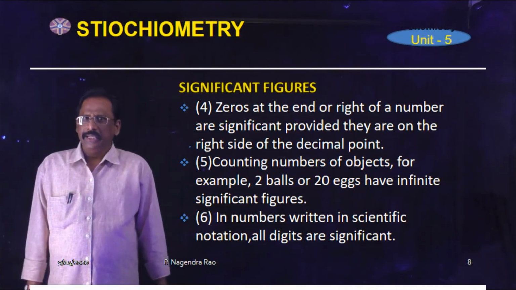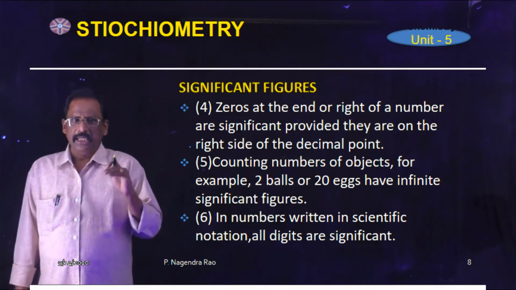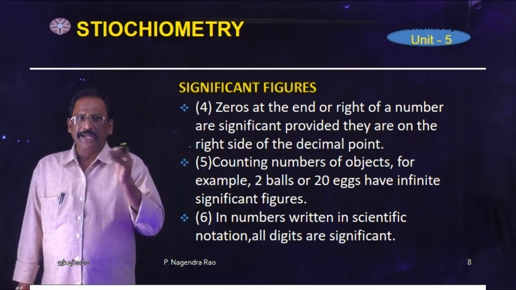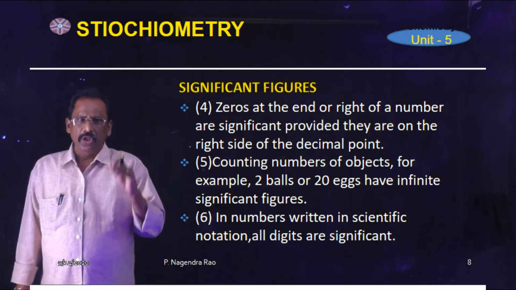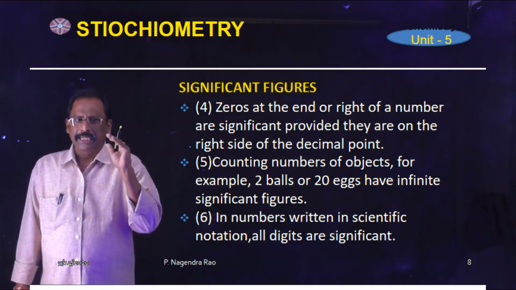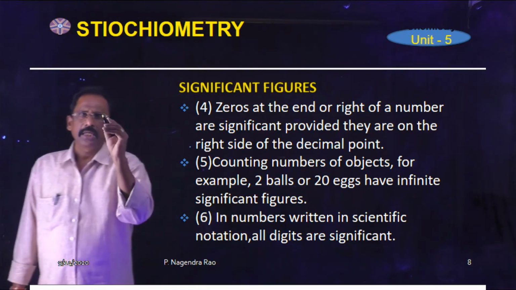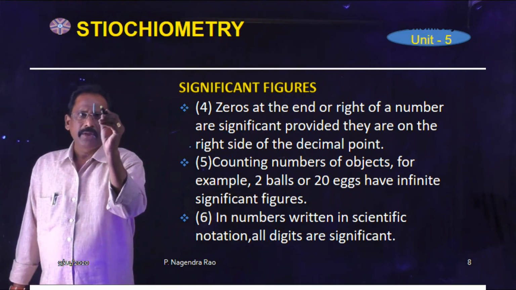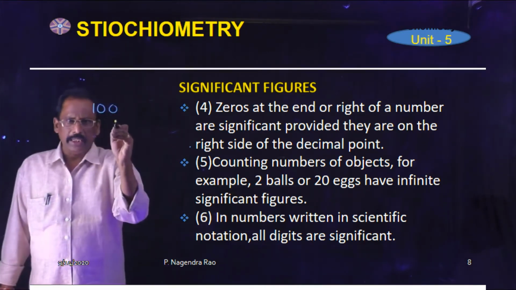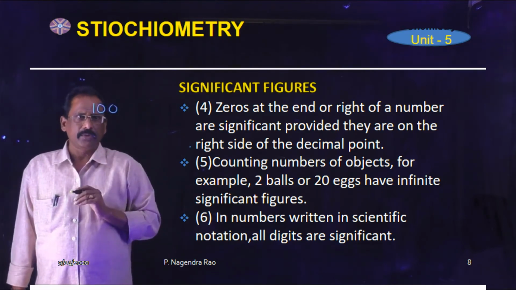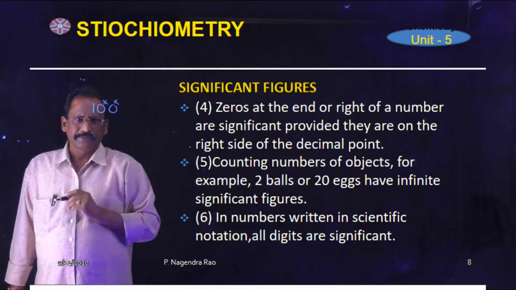Now the next rule to calculate the number of significant figures is, zeros at the end or right of a number are significant, provided they are on the right side of the decimal point. That means if you take this value 100, two zeros are at the end of this value, but these two are insignificant.